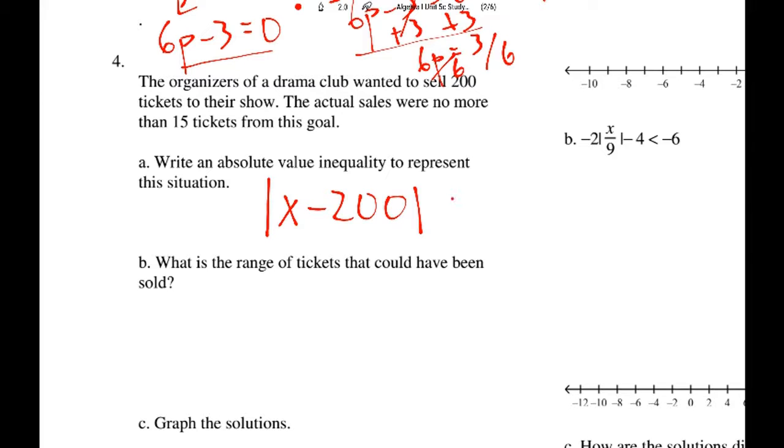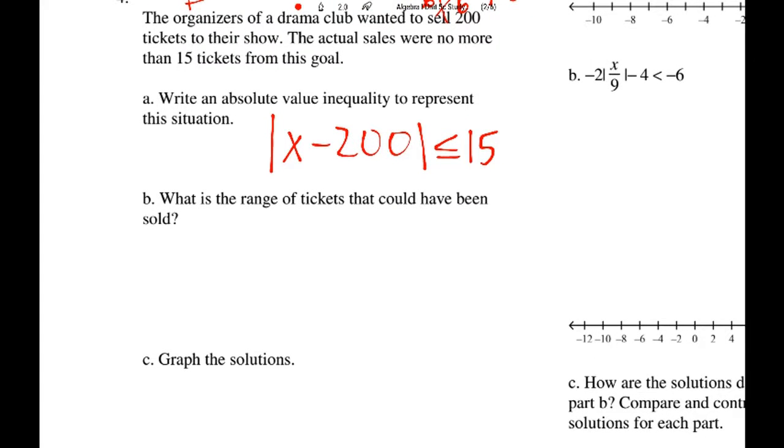Okay. So when you write the absolute value inequality to represent this situation, this would work. Now, what is the range of tickets that could have been sold? So when they're asking about range, in real life, you can just do 200 plus 15 and 200 minus 15 in your head, and you can find your range.